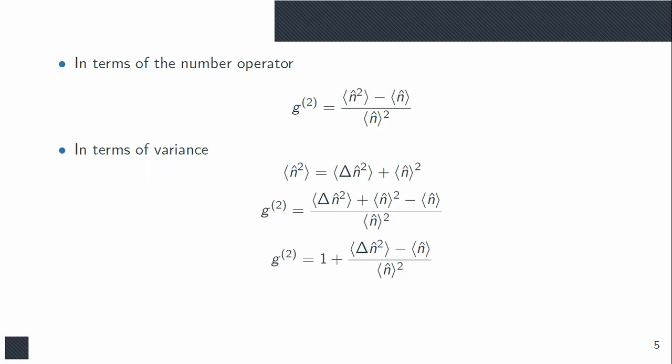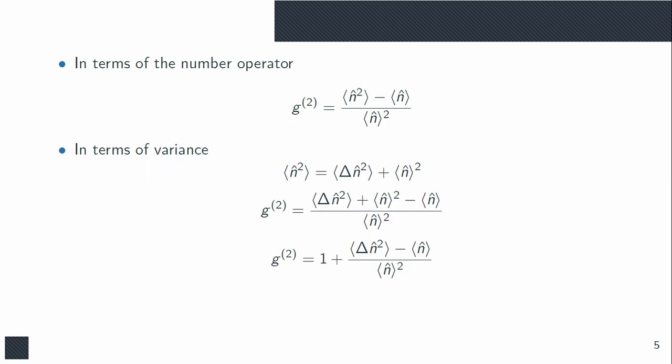We could use the fluctuation of the number operator, or the variance of the number operator, and modify the given correlation function in terms of the variance of the number operator.